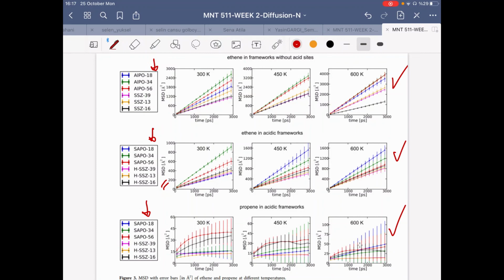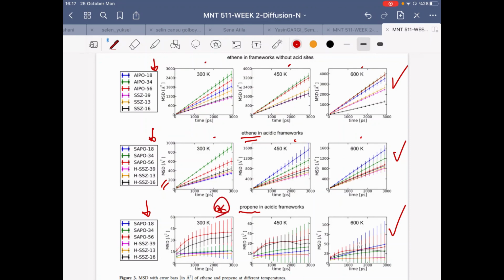When you look at this figure, what do you see? There are different temperatures, and how they act for ethene. But as you see for propene, things start to not follow a linear slope. That means propene is not following what they're using here.